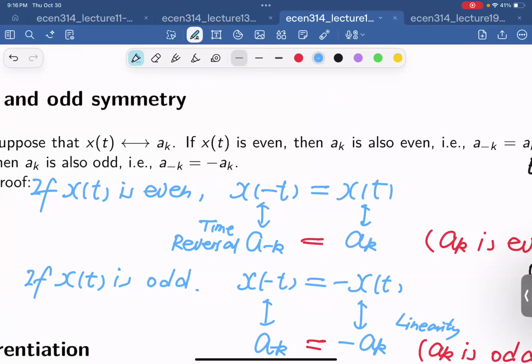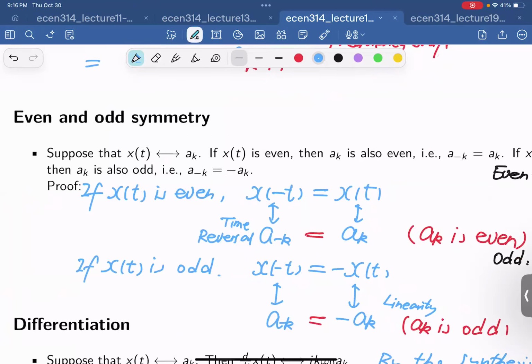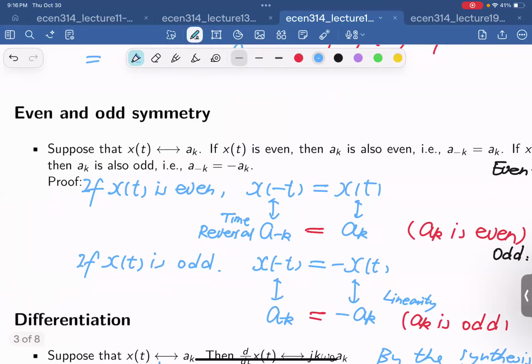Because if x of t is even, then x of minus t equals x of t. Let's do Fourier series on both sides. On the left-hand side, we apply the time reversal property. We end up finding that a sub minus k equals a sub k, which means a sub k is even. Similarly, if x of t is odd, then the Fourier series coefficients a sub k is also odd.